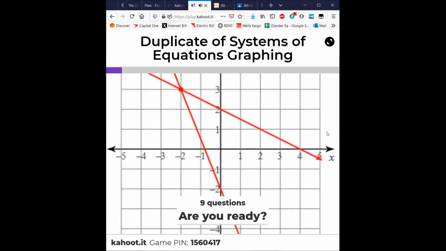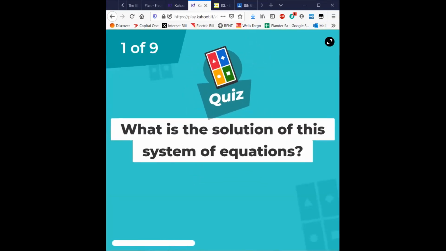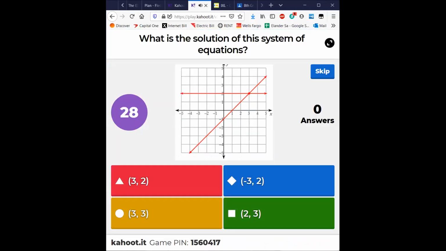Let's go ahead and get started. Solution of this system of equations.